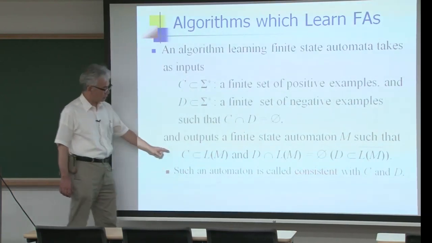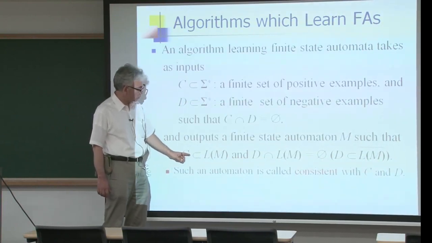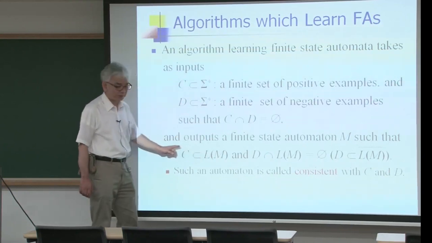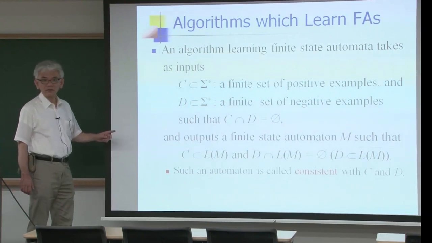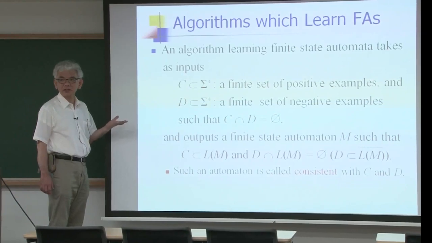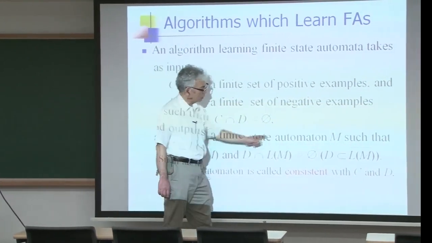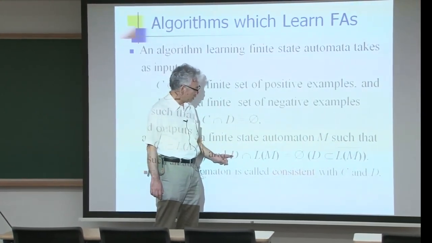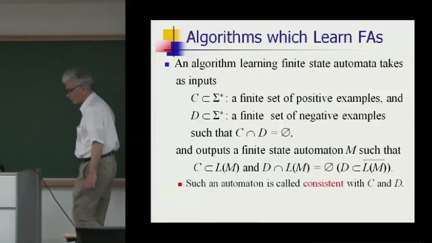Mathematically, I write in the set notation, C is included in L of M. L of M is the language defined by M. The language consists of all of the strings accepted by M. Okay? So another requirement is that the intersection of D and L of M is the empty set.